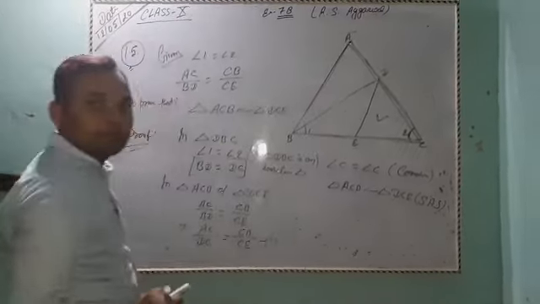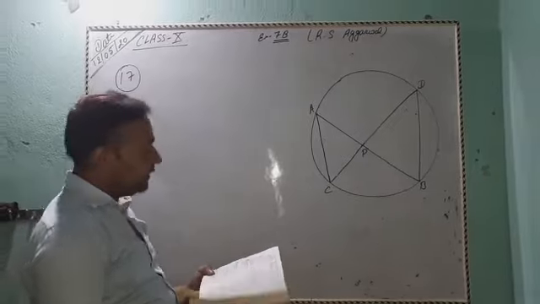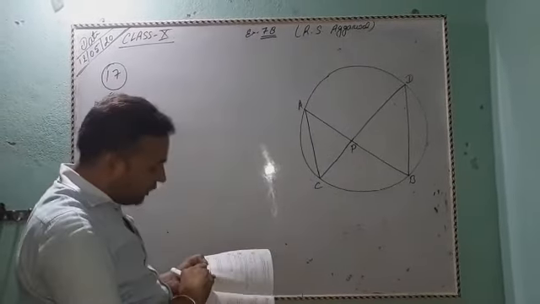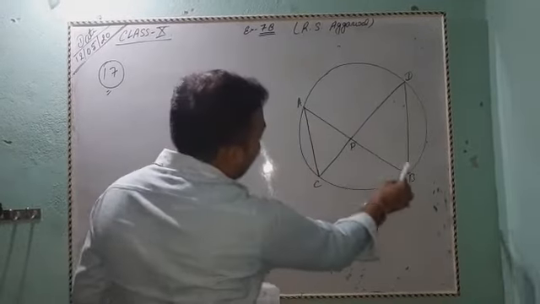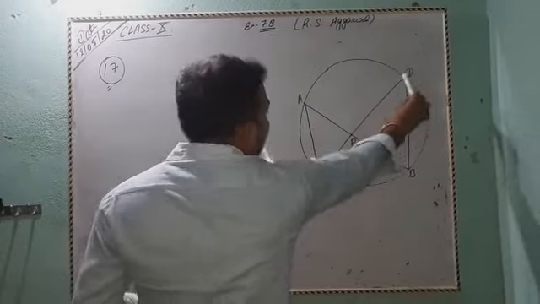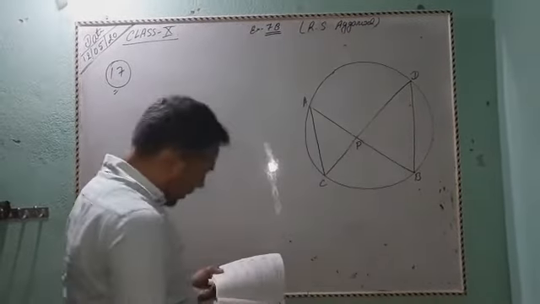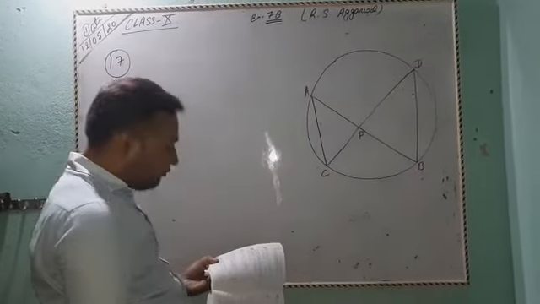Okay. Question number 17. In a circle, two chords AB and CD intersect at a point P inside the circle.